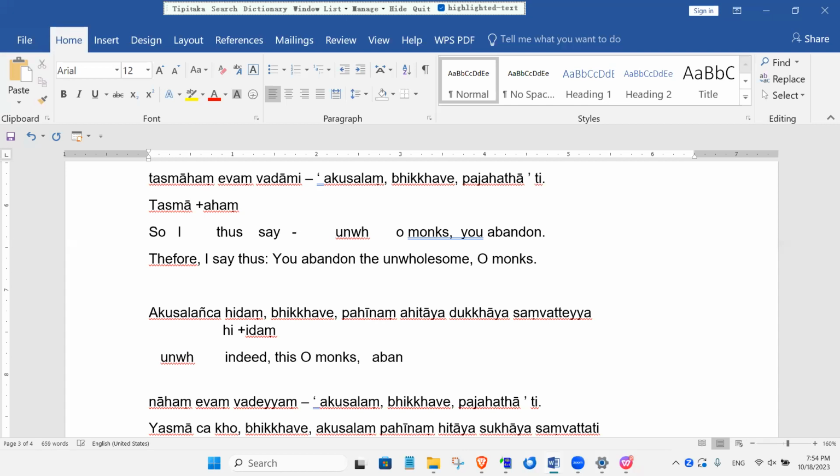"Pahina" means abandon. It's a past participle here. So this one is unbeneficial. "Dukkha" means suffering. "Saṃvatteyya" is should.